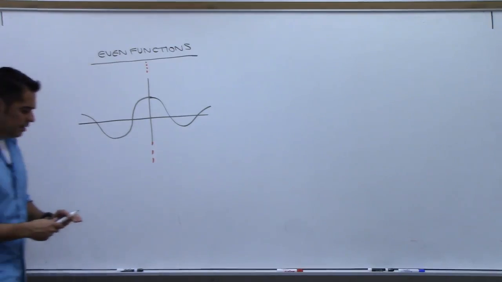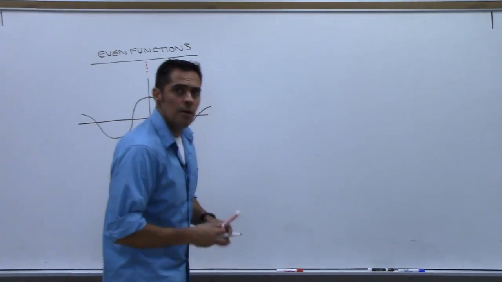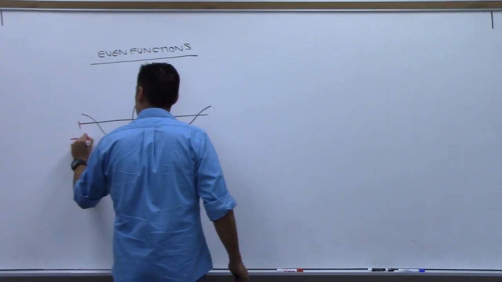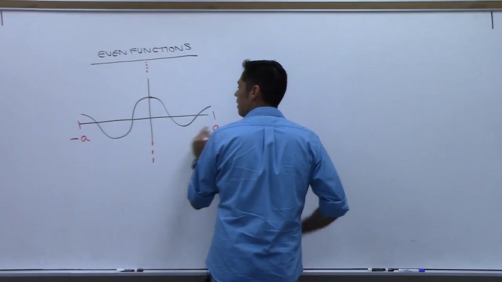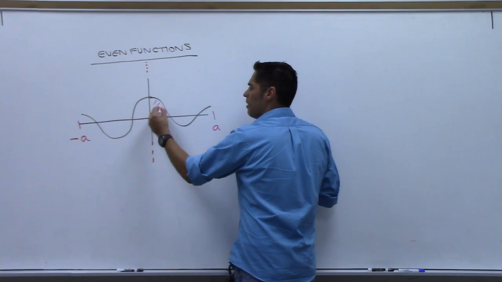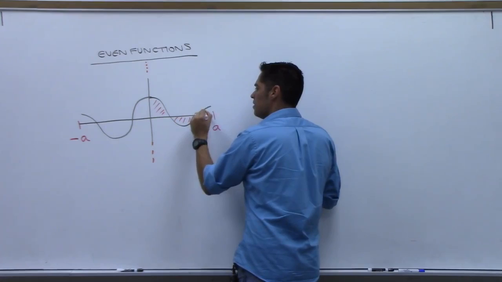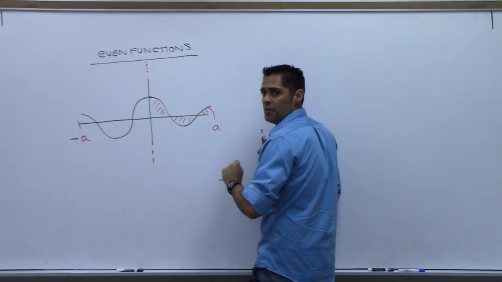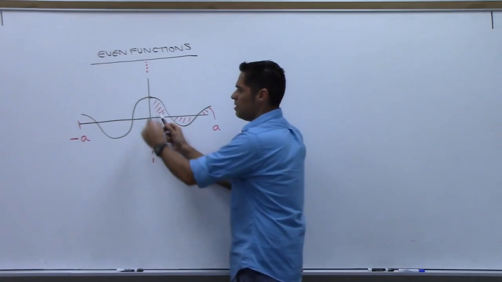So if you ever want to integrate, notice it says there negative a to positive a, not a to b, only negative a to positive a, then whatever this area is, there's also another version of it over there, right? So whatever this is, it's going to double.